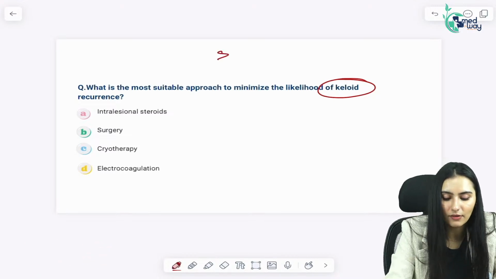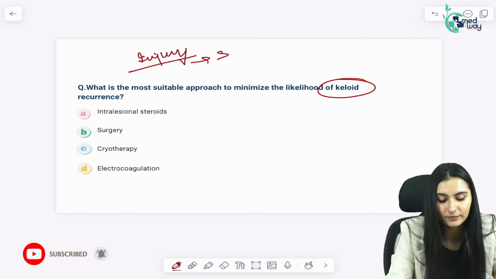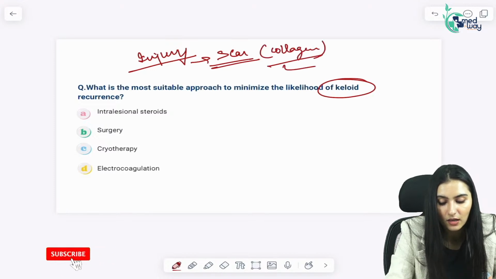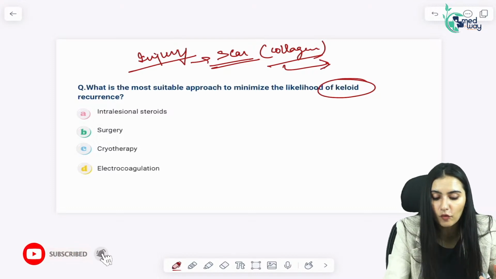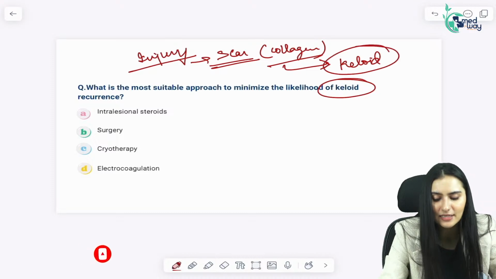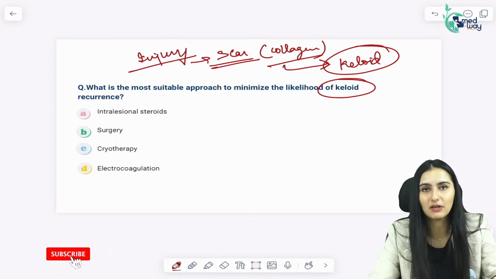Basically, there was an injury. Post injury, the body tries to heal it, forms a scar using collagen. Now, when the body produces a lot of collagen, it leads to formation of a keloid. There's a keloidal tendency, not everybody gets it, but some people who have a keloidal tendency will develop keloids.